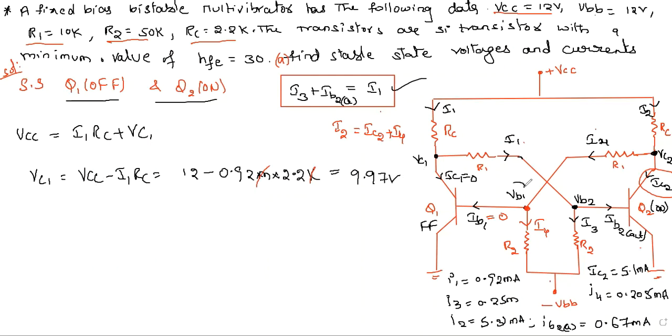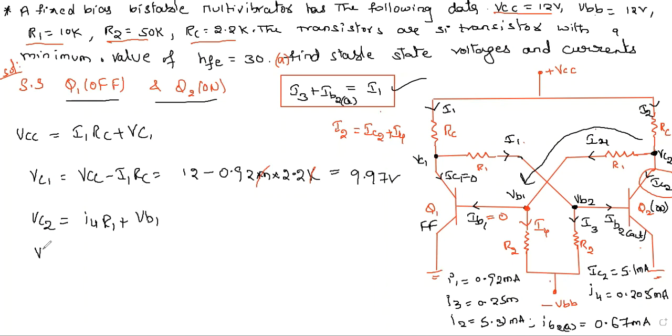Now try to calculate Vb1. So how to calculate Vb1? Simply I can apply KVL to this loop here. What is that? Vc2 is equal to I4 R1 plus Vb1, right? Or otherwise I can say simply, apply KVL at that node. So I can write Vc2 is equal to I4 R1 plus Vb1.